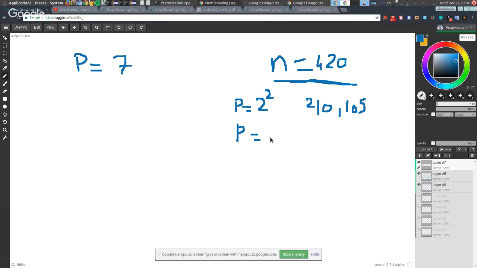Then we divide this number by 3. This should be, yeah, it will be 35. So after we divide the 105 by 3 it is 35, and then by 5, then divide it by 7.